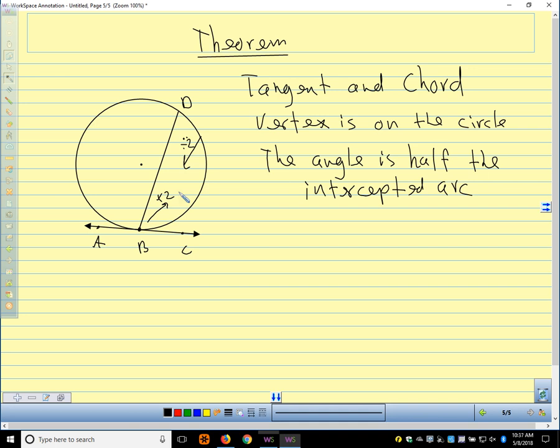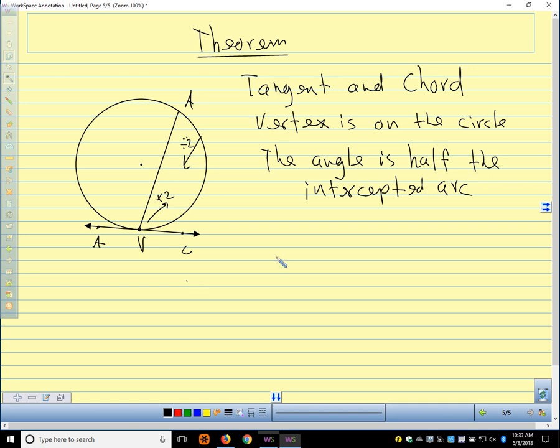And in your flip book, the fourth picture says that line VC is tangent to the circle. So why don't I change my letters here to match what's in the flip book. A, that's C, this is V. It says VC is tangent to the circle.